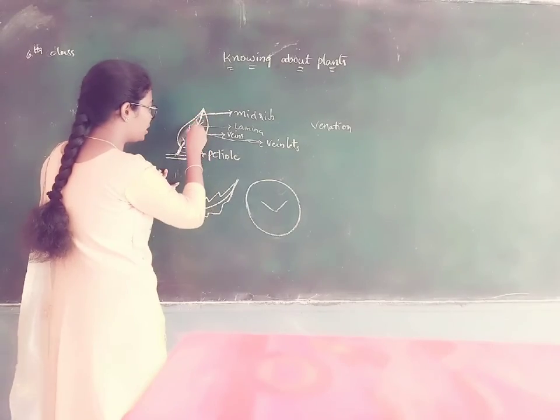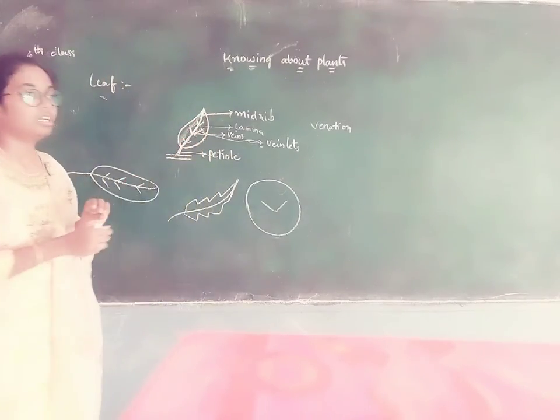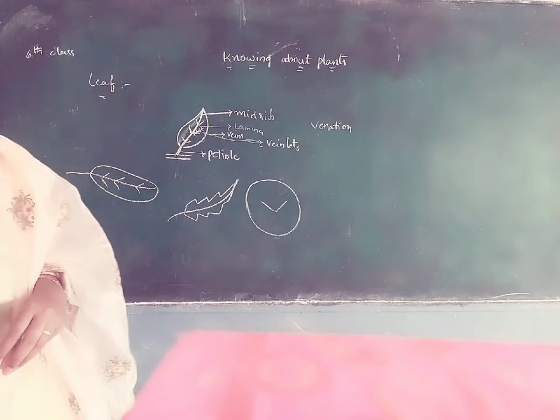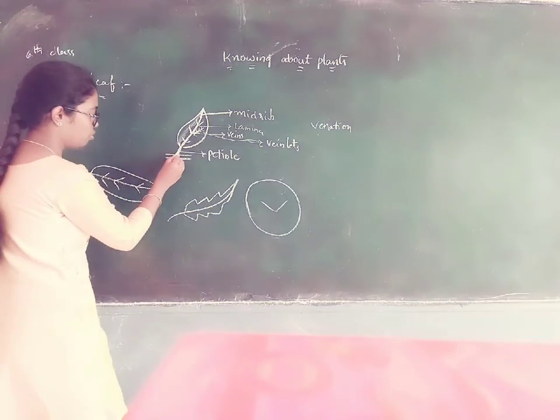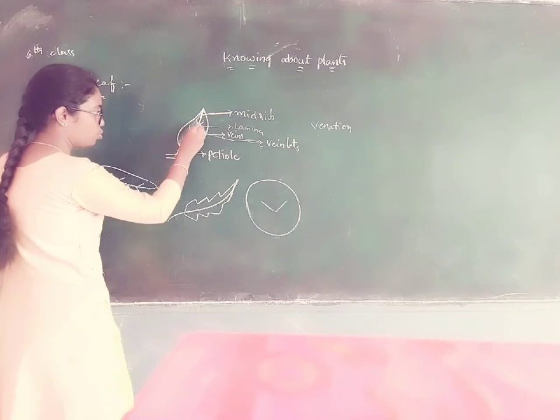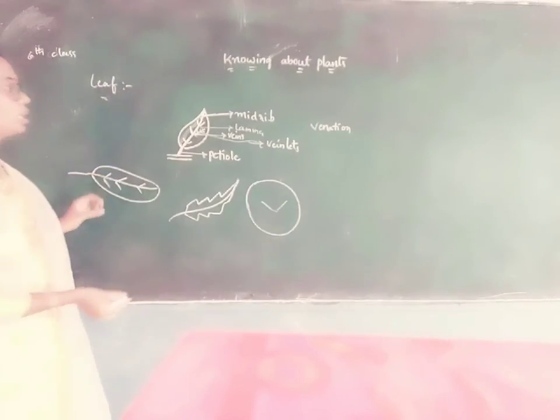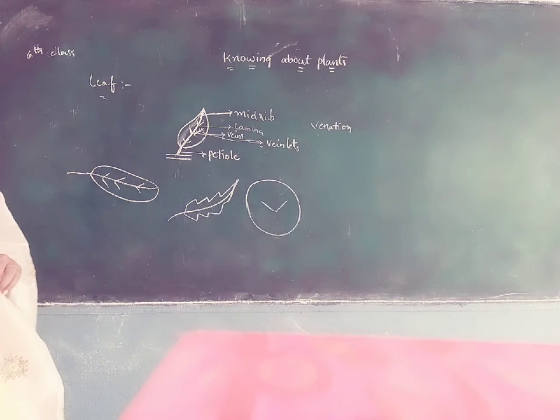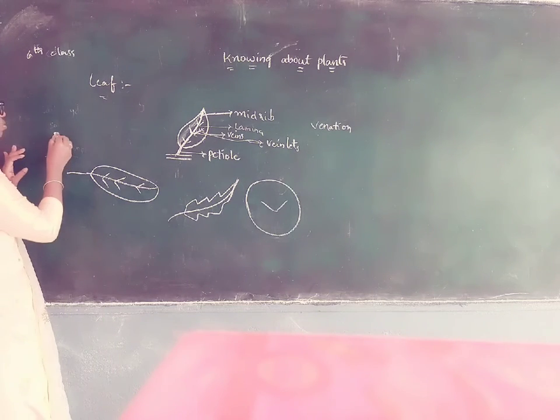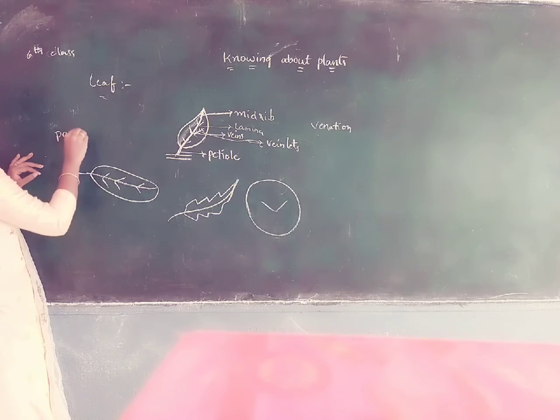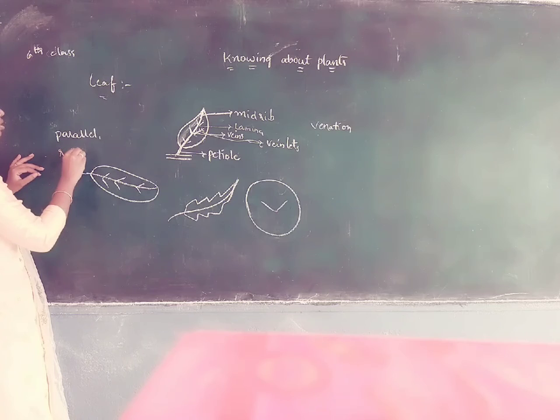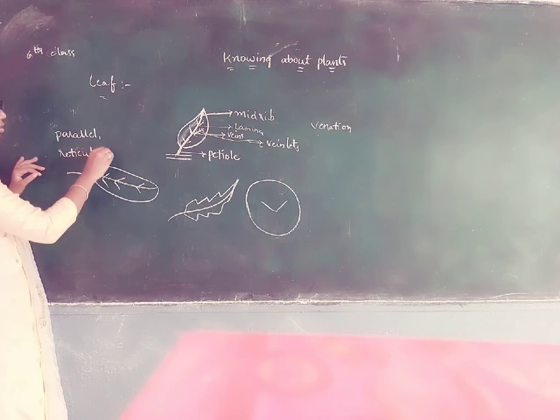This is the midrib, the long line on the leaf, known as the midrib. Next, let us learn about venation. Venations are of two types: parallel and reticulate.